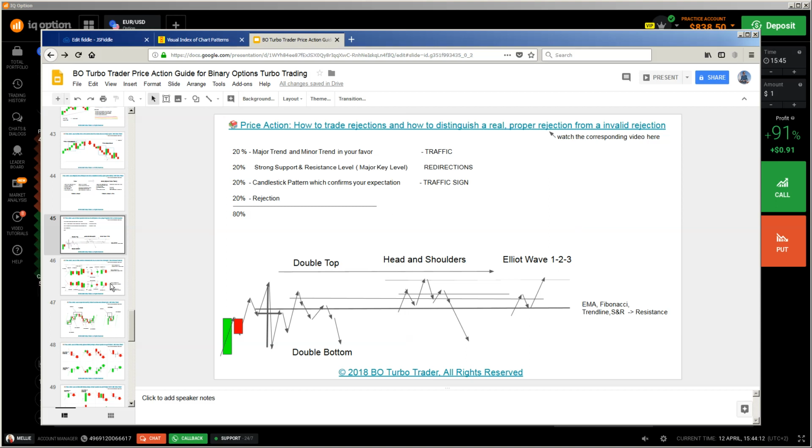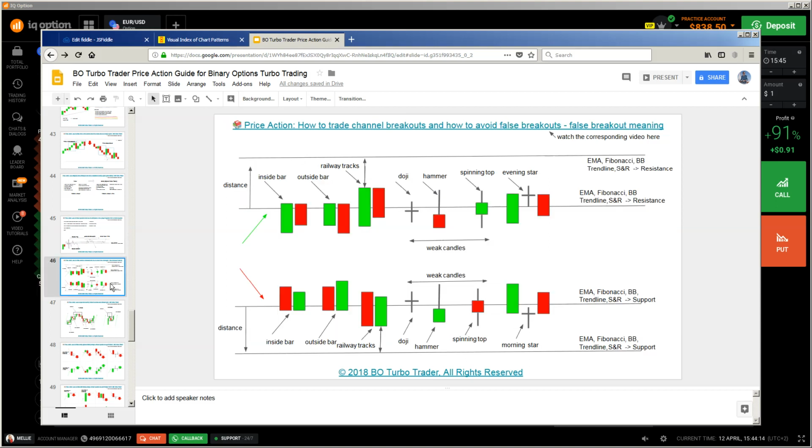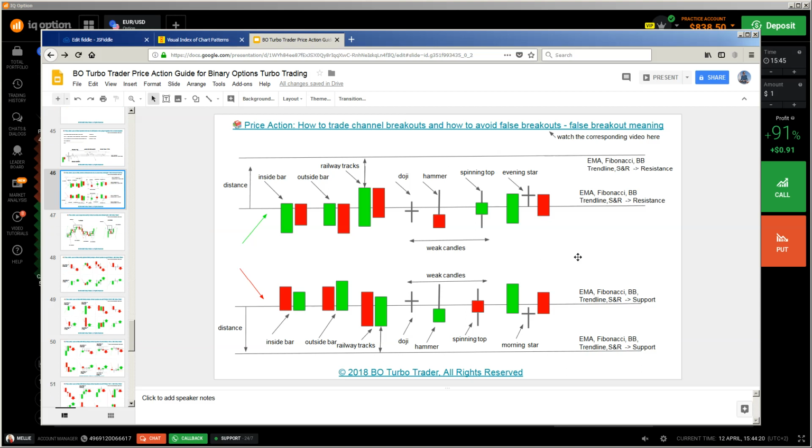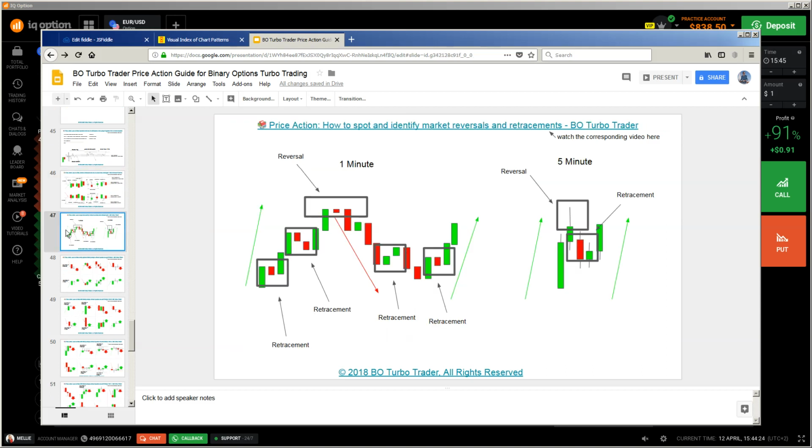Then the next one is the fake breakout, which will happen often. Also watch this video because this is really important, and then this one here about market reversals and retracements, understanding that a retracement in a higher time frame is a reversal in a lower time frame, so you are aware that it could be continuing and not going down.